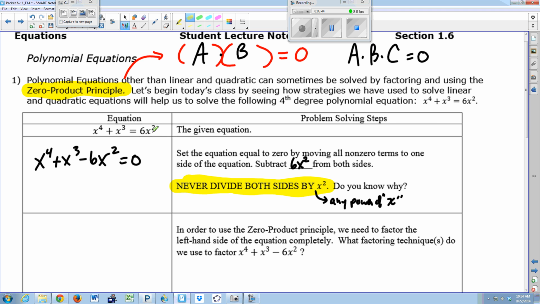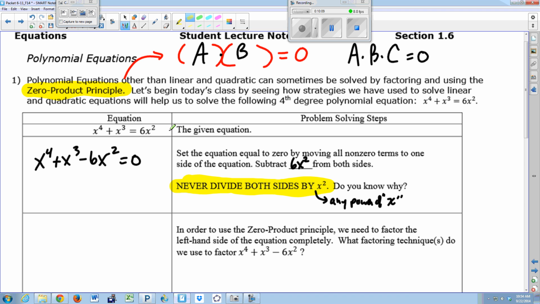So the 6 is definitely attached to the x squared. But we're trying to figure out why I'm saying you can't divide both sides by x squared. Caitlin, you want to give it a try? Does that have to do with the solution? Yes, it does have something to do with the possible solutions for x and what it couldn't be equal to.